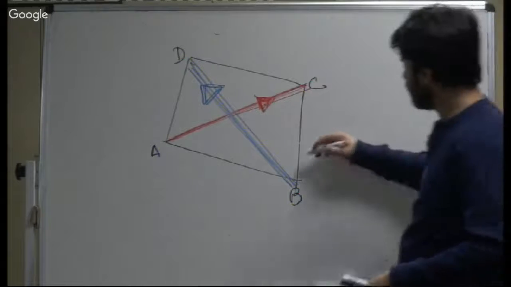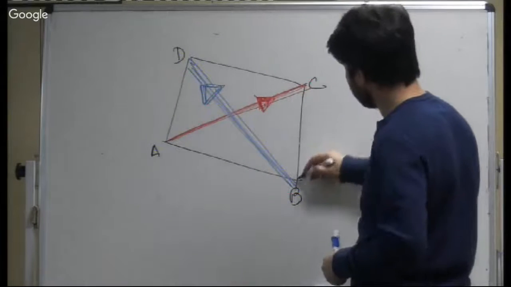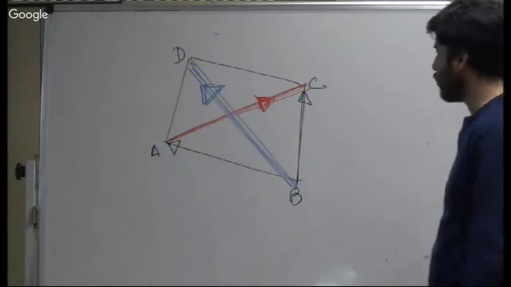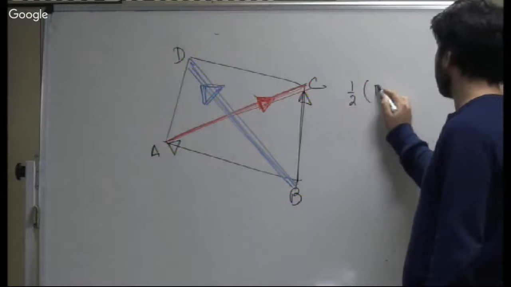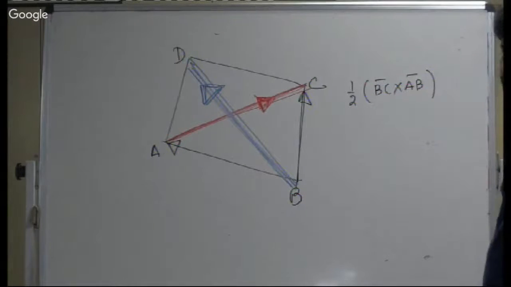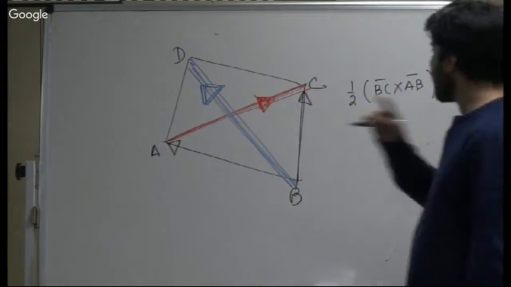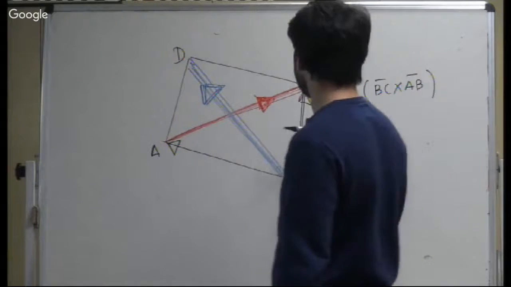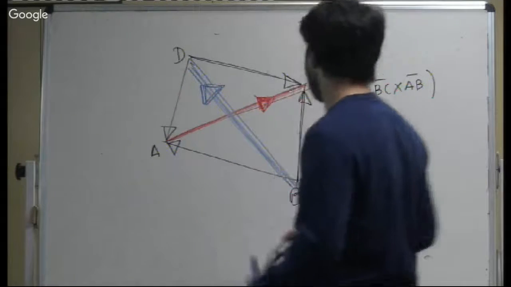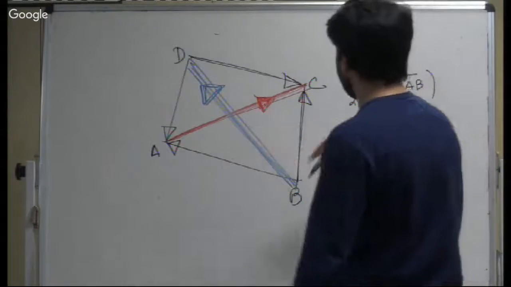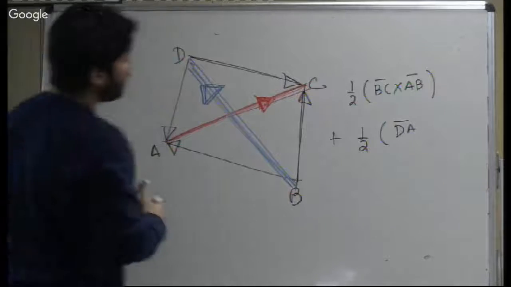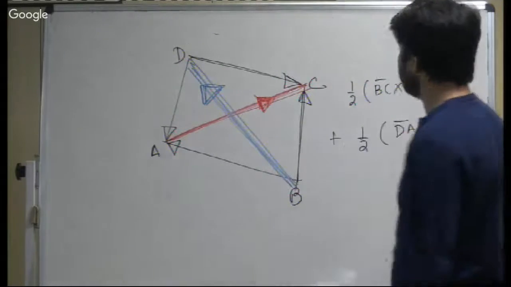So I can say half BC cross AB, and half DA cross DC. Okay.